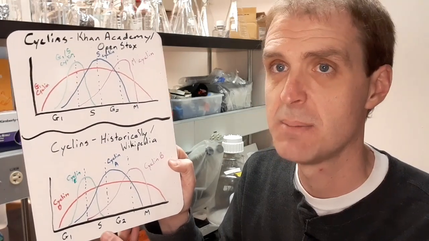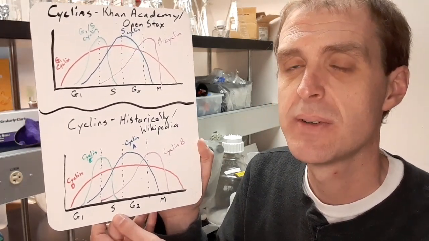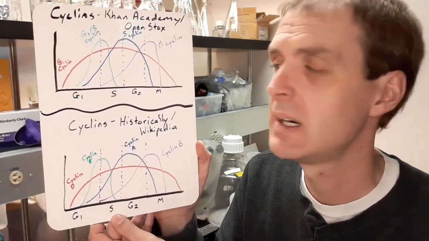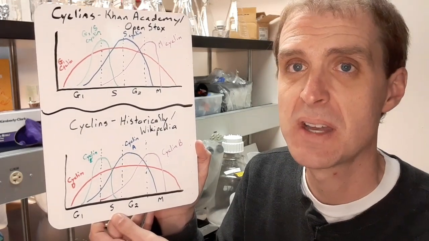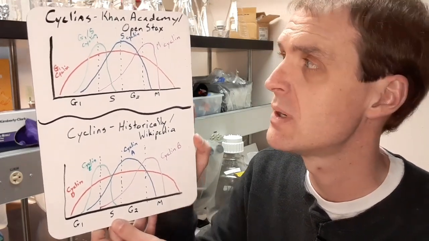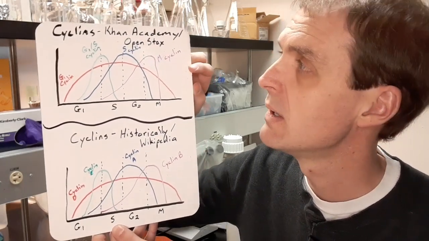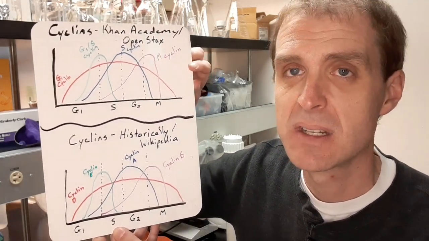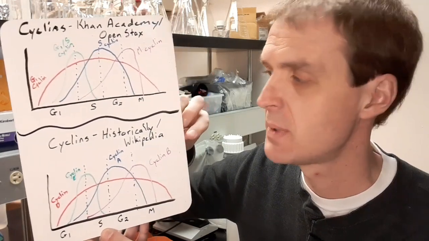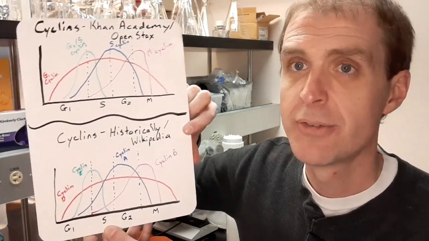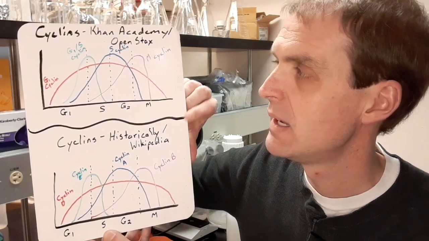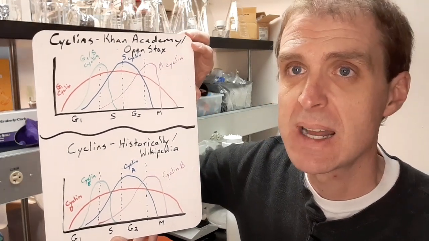It looks like I have two of the same picture drawn here, and I just wanted to help people avoid confusion. If you look for cyclins with a Google search, you're going to get a couple of hits under images. The first one will probably be from Wikipedia, and the second one will probably be from Khan Academy.